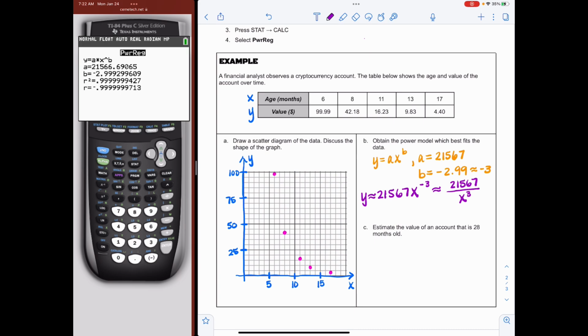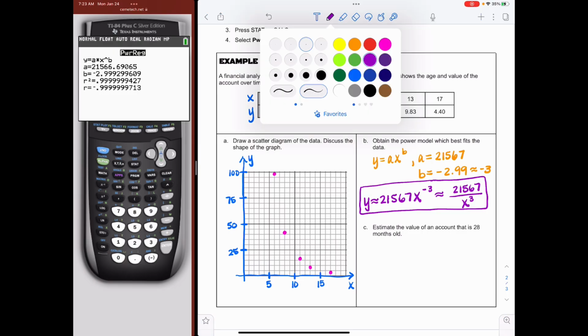All right. So now let's look at C, because we now have to estimate some information. So C, it says, estimate the value of the account that is 28 months old.